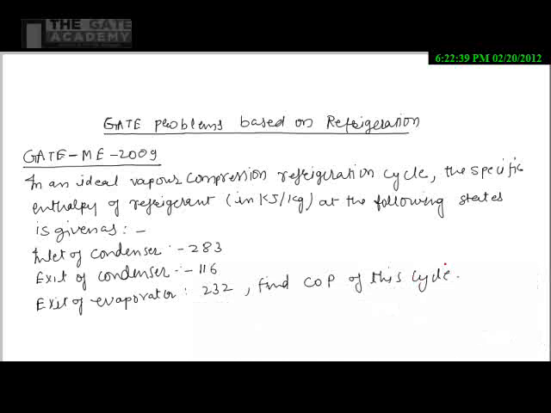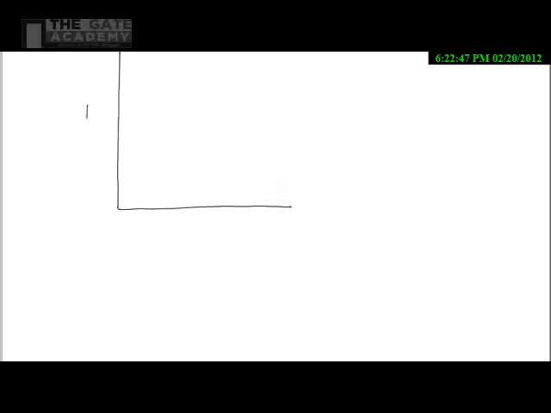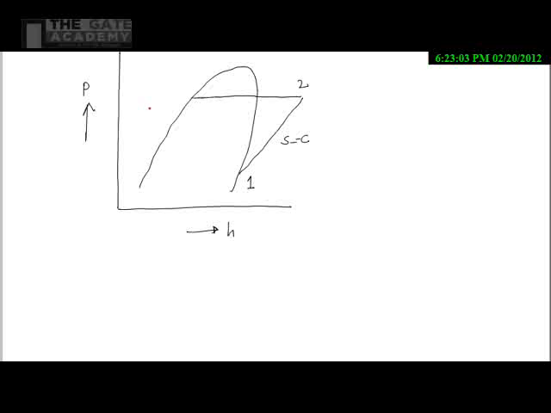So now let's draw the pH diagram for this ideal vapor compression refrigeration cycle for our better understanding. This one is pressure and enthalpy. So the dome will be like that. And we know this 1 to 2 is isentropic compression, 2 to 3 constant pressure heat rejection in condenser, and 3 to 4 is a throttling process, and 4 to 1 is constant pressure heat addition in evaporator.